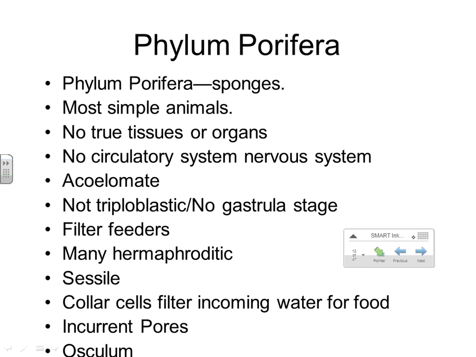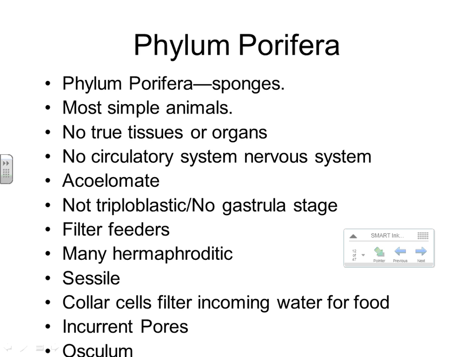Like I said, the one main phylum of animals we're going to talk about today is this one, porifera. A pore is what? An opening, a hole. Sponges are animals, even though they look maybe more like plants than they do animals.